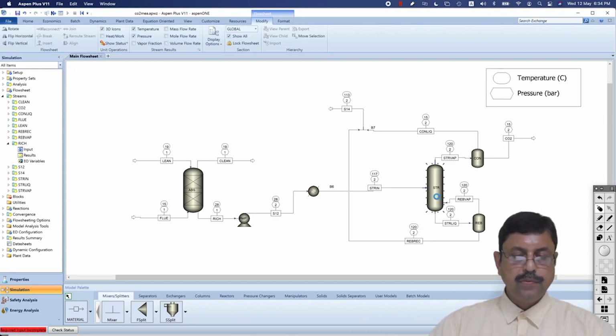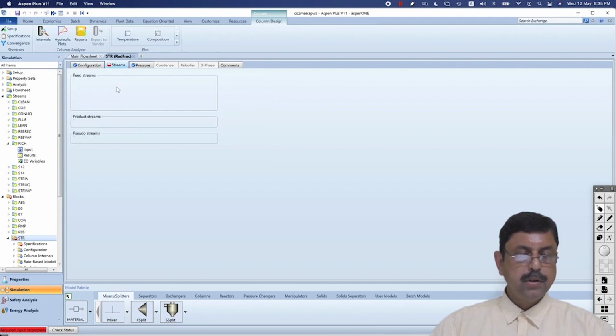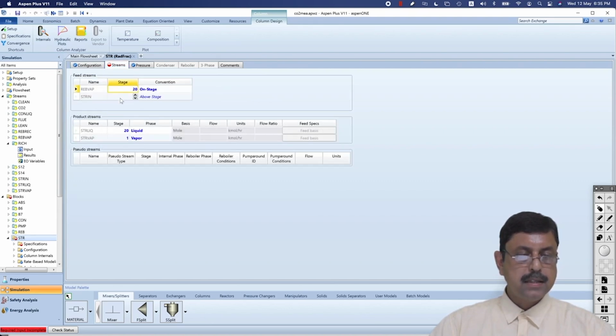Now we have to fix the connection point of STR in, because earlier we deleted the previous stream. So we have to restate that STR in is at or above stage 1.